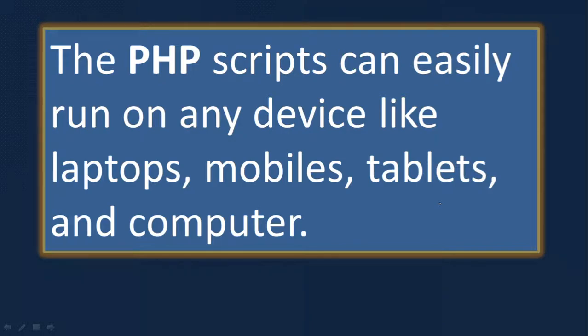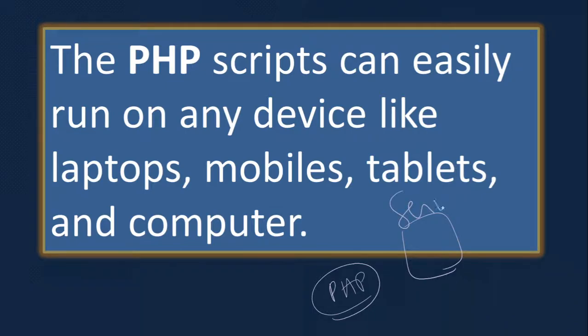A PHP script can easily run on any device like a laptop, mobile, tablet or computer. That means on any device where you are able to run a browser, PHP will run. Actually, it runs on the server rather than on the end user's side. We already know PHP needs to be installed on that system, so generally we make a server.